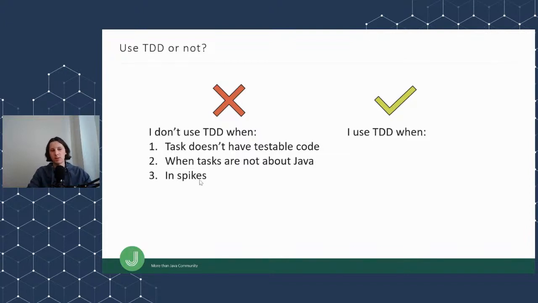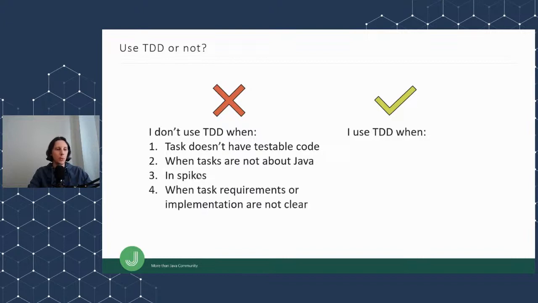It will be a spike, and well, I don't use TDD there. And when the requirements or implementation are not clear, when it's useful for me to play around with code, see which one will be more beautiful. And I try to use TDD in all other cases, and especially in bugs, when the bug is small and it can be covered within one unit test.